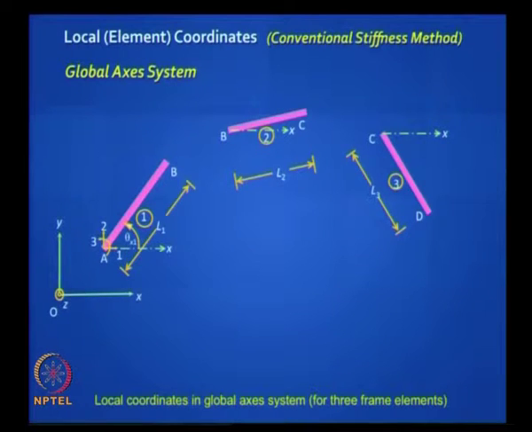Remember 1 star, 2 star, 3 star, there the 1 was pointing along x star this way, and 2 was normal to it. Now 1 is parallel to the global x axis and 2 is parallel to the global y axis, and you will find the 3 does not change. Why does not the 3 change?